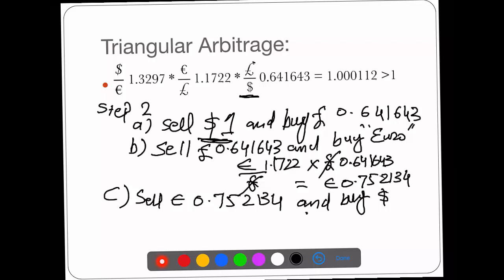So over here, dollar per euro is given 1.3297, multiplied by the euro over here, which is 0.752134, and the euro will cancel with this euro.